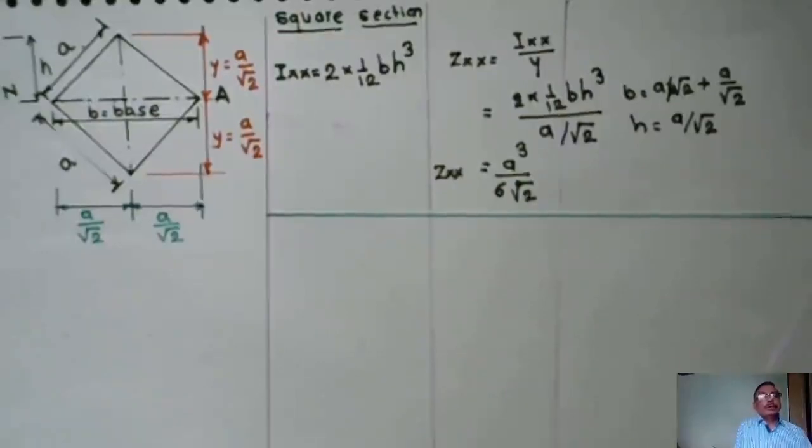Here this is the moment of inertia about the base, but when we consider the whole section, it becomes its neutral axis. That's why we have taken 2 for this one triangle and the second triangle, 1 by 12 bh cube. Putting this value, you will get the section modulus Zxx is equal to a cube upon 6 under root 2.